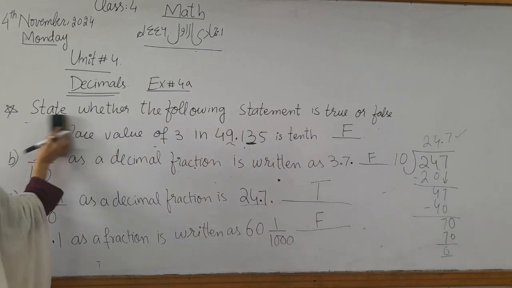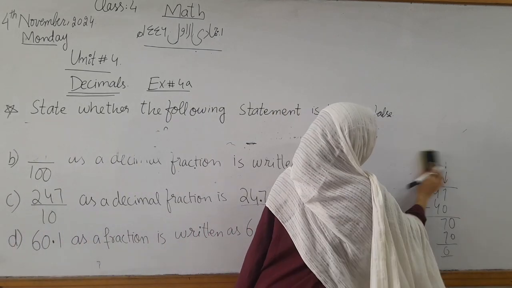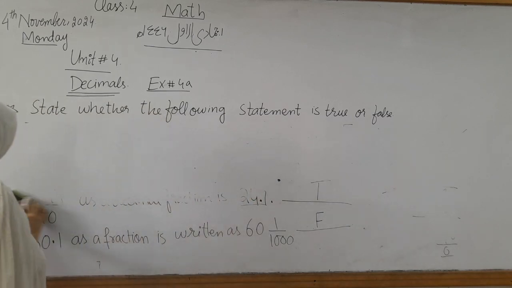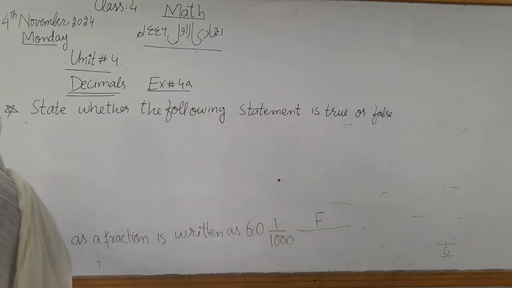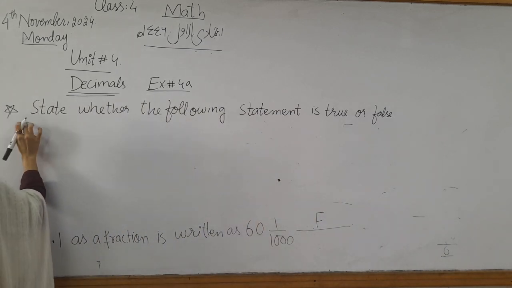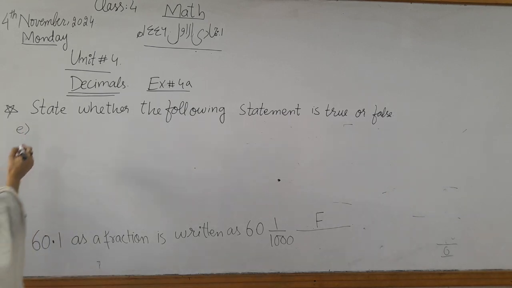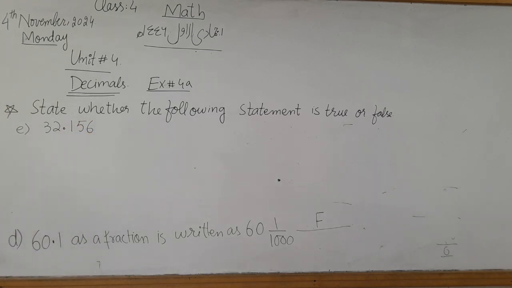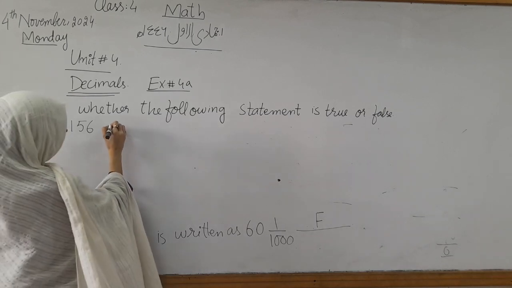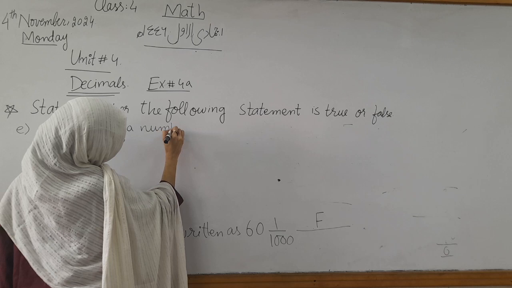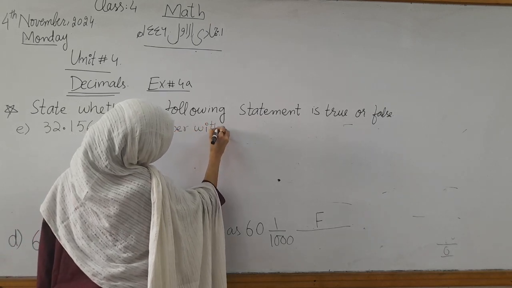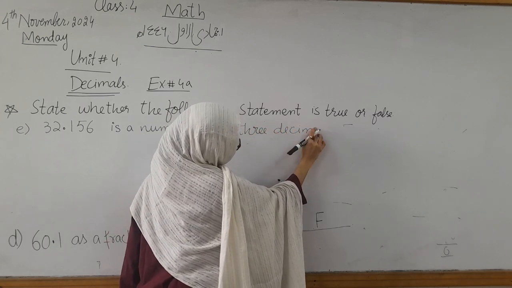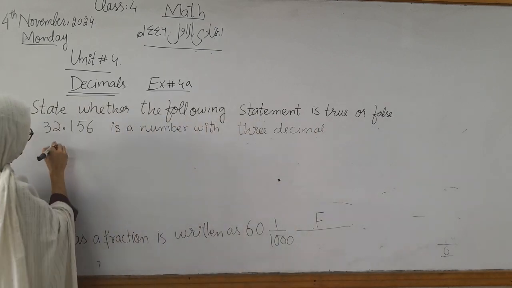So after this we have E part. In E part we have 32.156 is a number with 3 decimal places.